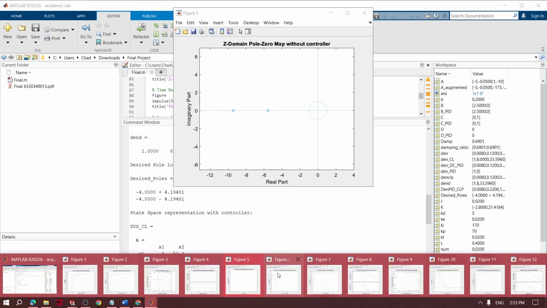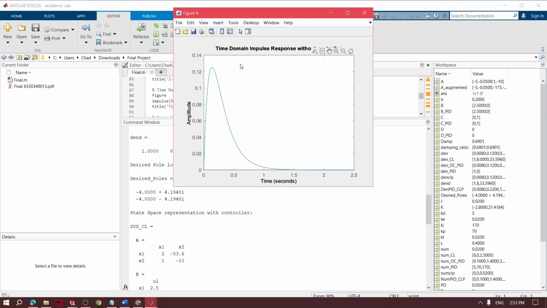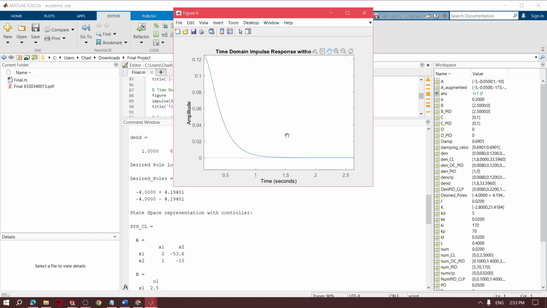And the sixth is the time domain. It's 0.13 or 0.1299 or something, and the time is 0.